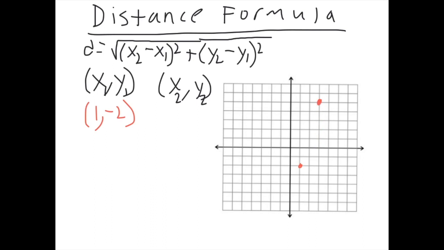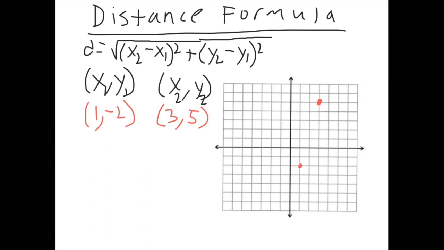So the point 3, 5. And now we plug it into the distance formula. We want to know if we were to make a line from this point to this point, how long would that line be?